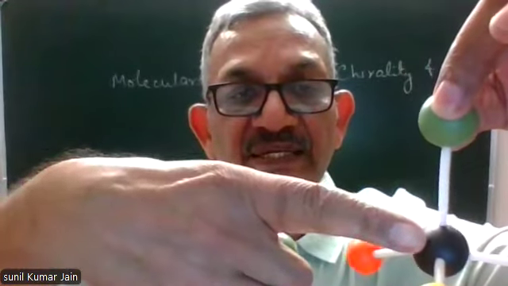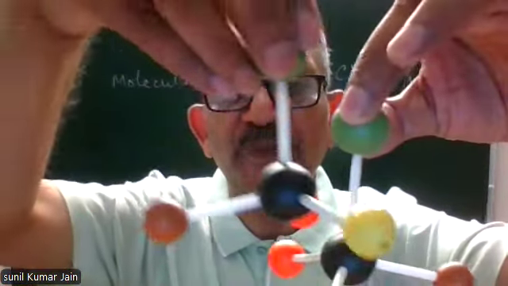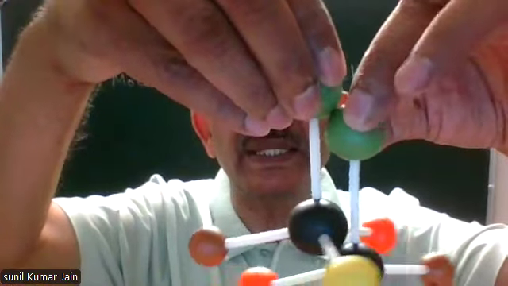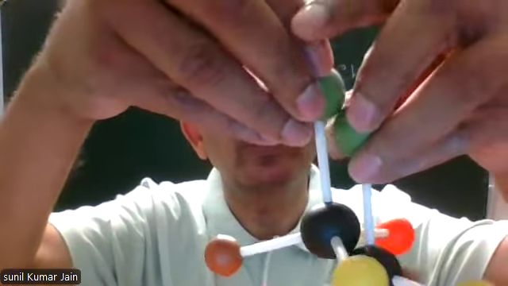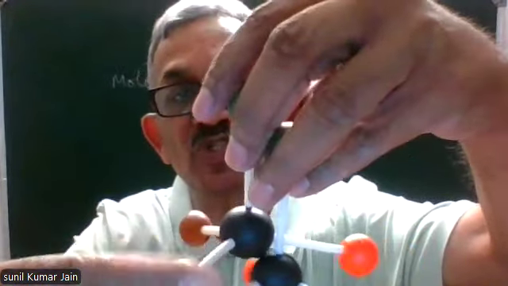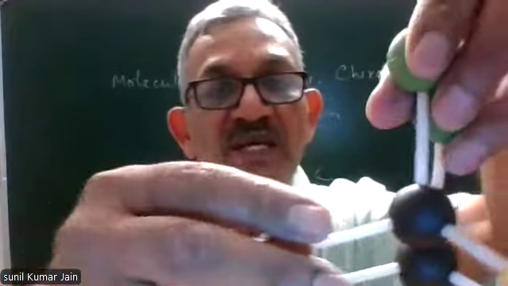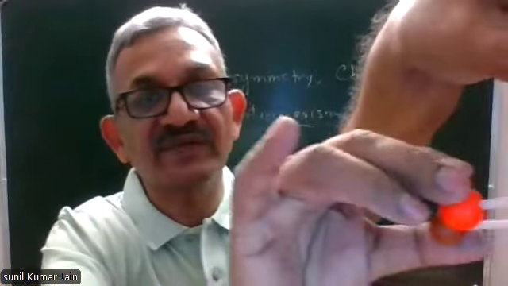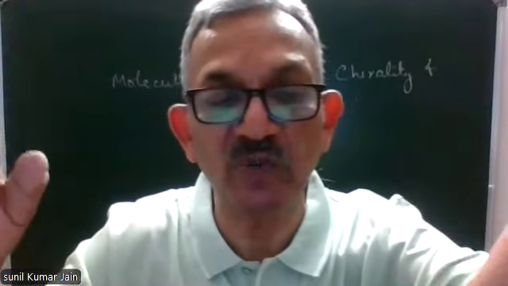This is the chiral center. If you try to superimpose one model on the other, it will not be superimposable. Same color superimposes, but these are different. You can try the way you want.